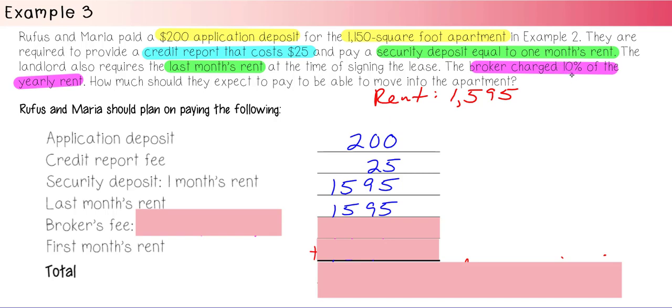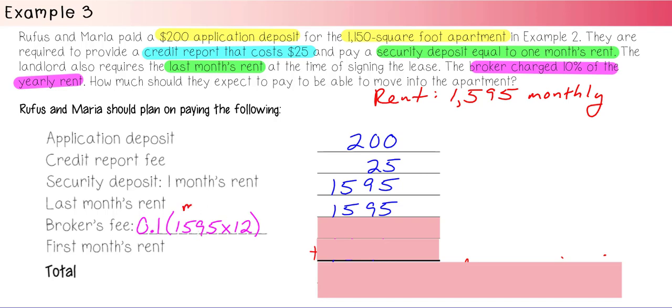The broker's fee is 10% of the yearly rent. So we need to take that 10%, and that $1,595, this is the monthly amount. So we need to change that into a yearly amount.